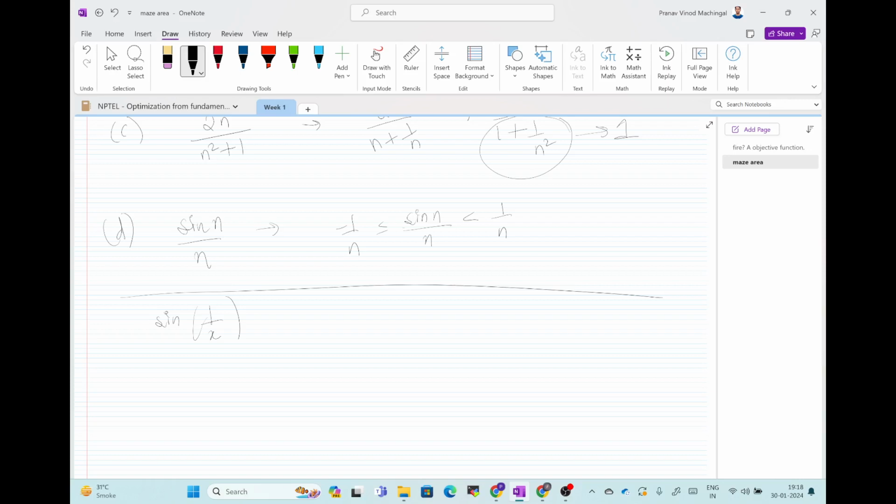So how do we make it continuous? Does the limit exist as x tends to 0?